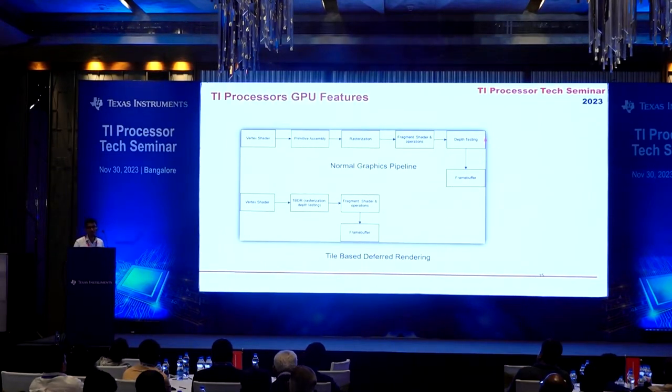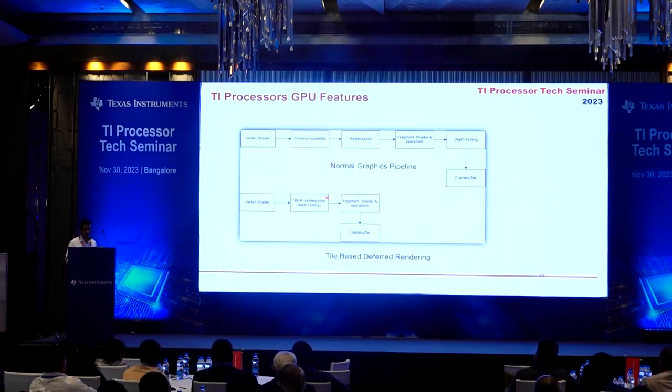Now in depth testing, what it does is, there are multiple planes of video that need to be rendered, right? So in depth testing, it deletes the planes which are not going to be visible ultimately to the user, right? Because they are not needed. So this is the standard place of depth testing, but with this architecture, we are moving depth testing to an initial stage.